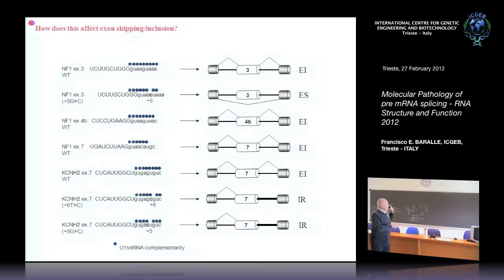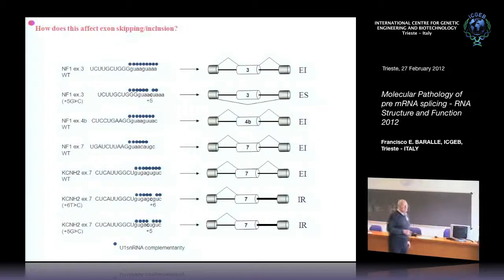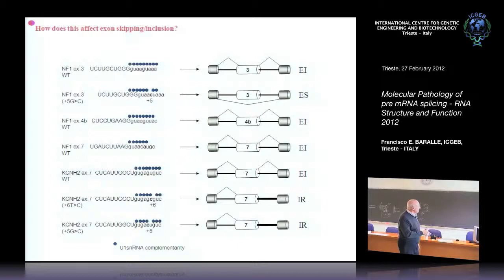A G in position +5 changes to a C and reduces the base pairing from 8 consecutive to 5. But this one here is identical to this one and causes something different, that is intron retention.